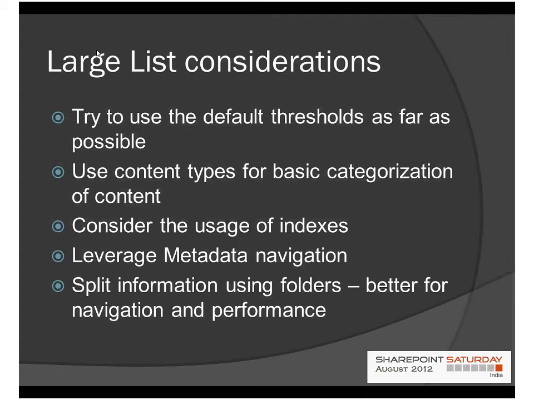If you use a metadata field, you can have a hierarchy of things which you can tag to a list item. The metadata navigation gives that same sort of UI in your page, so you can use that hierarchy to filter items, which is a very useful feature for large lists in order to get to a particular item.